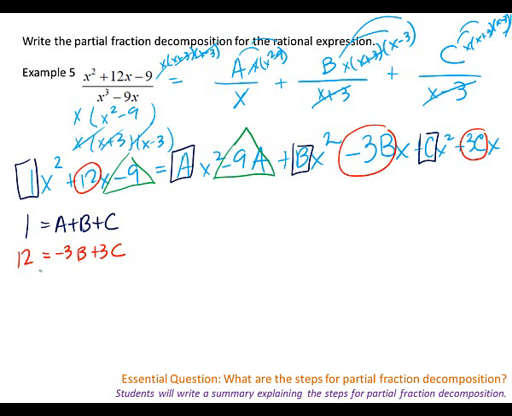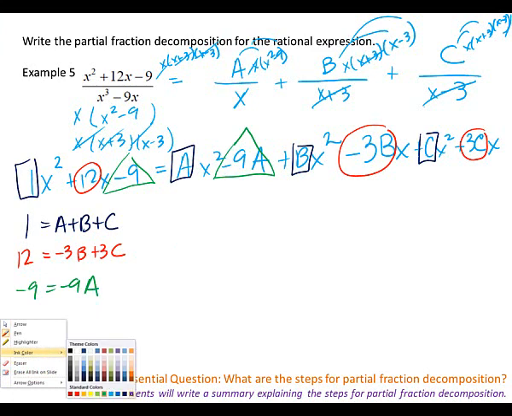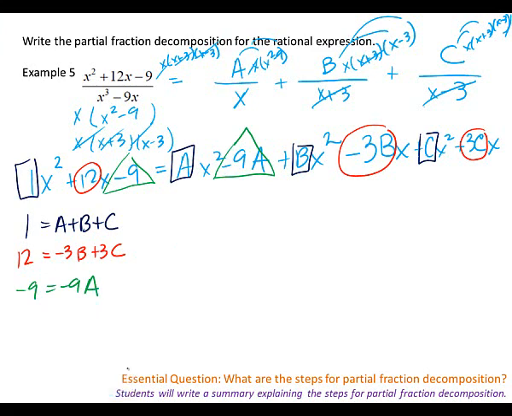Because there's a third equation. I've got 3 variables. I need 3 equations. So negative 9 equals negative 9a. Good news. I get to use back substitution, don't I? Sort of good news. All right, so I could solve for a pretty easily, can't I? So how do I move the 9 to the other side?